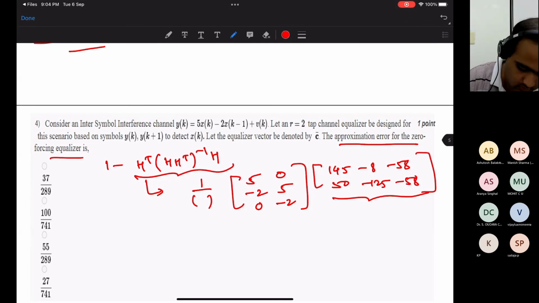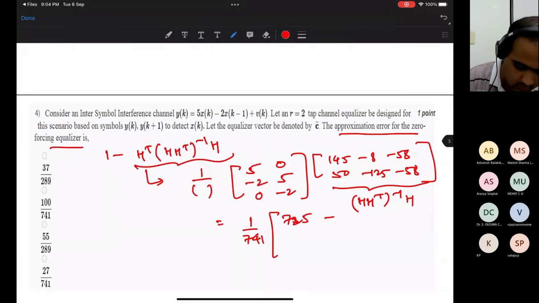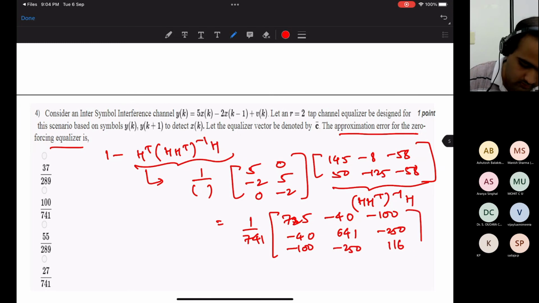So this was H transpose inverse H, which we computed 2 questions earlier. And if we solve this, this is 1 by 741, times 725 minus 40 minus 100 minus 40, 641 minus 250 minus 100 minus 250, 116.